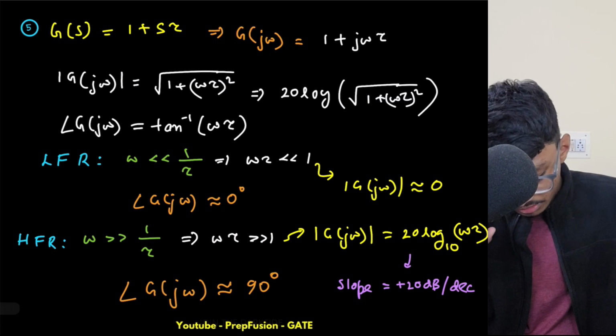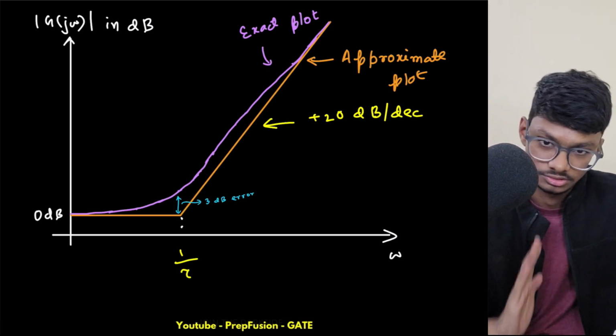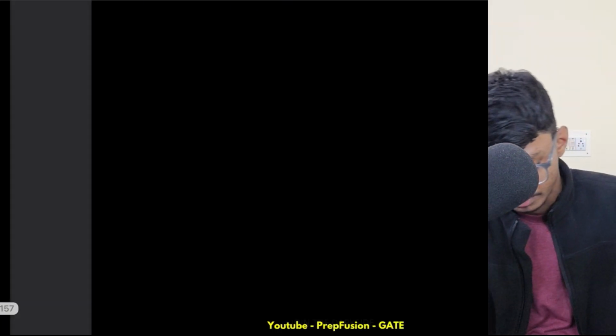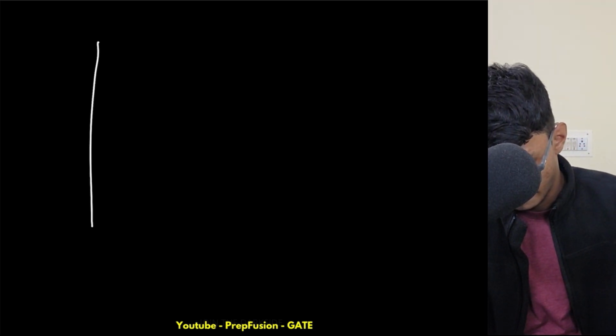Okay, so this is the slope. So here also, the slope was minus 45 degrees per decade. Here the slope will be just the inverse of that one, so plus 45 degrees per decade, and the phase part I am talking about. So just let me draw the axes.